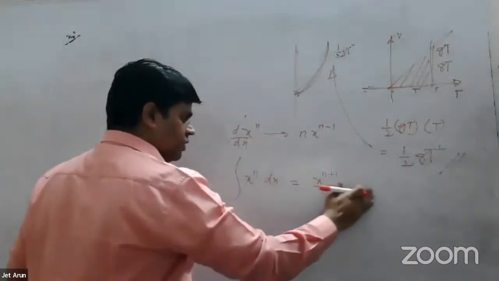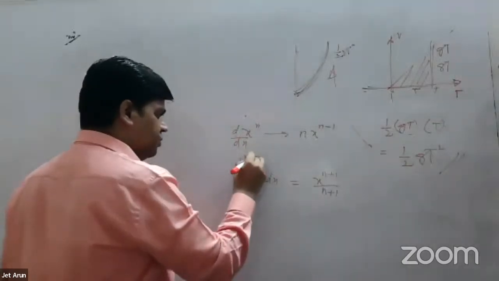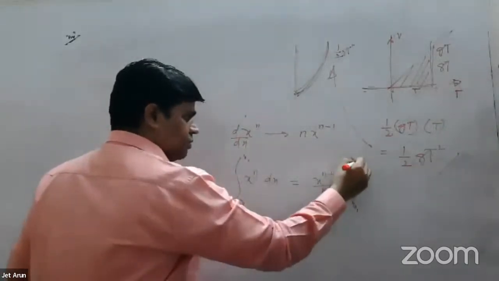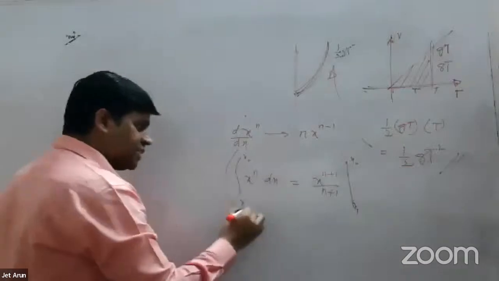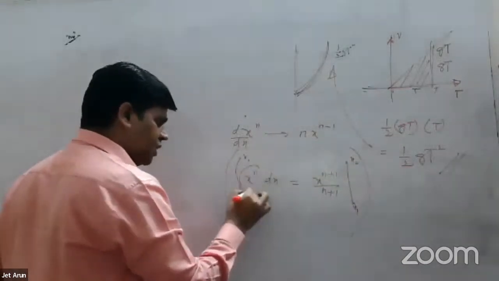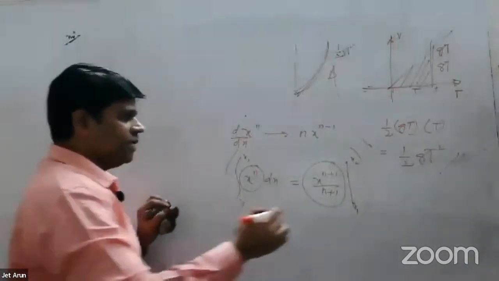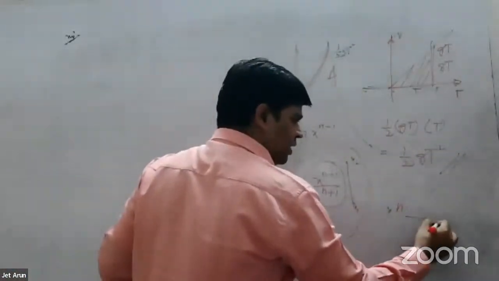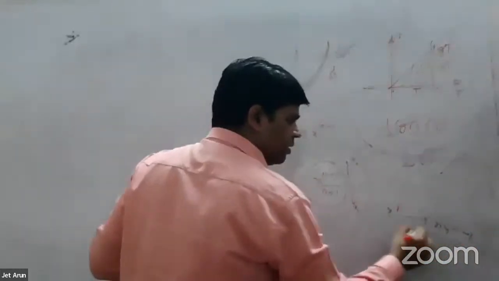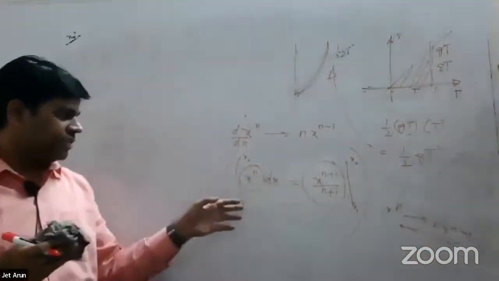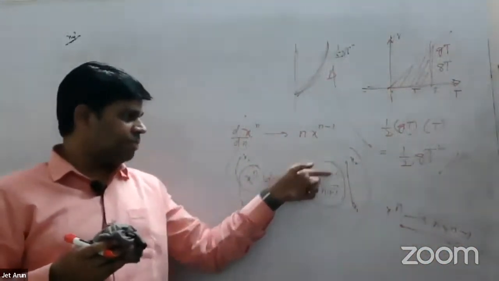If I want to get rid of this constant, I'll apply some limits x1 to x2. Is this clear, students? This is a formula. For x power n, I've got x power n plus 1 by n plus 1, as you had a formula for differentiation, x power n to nx power n minus 1.